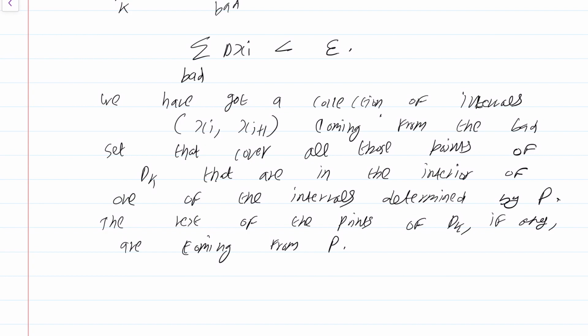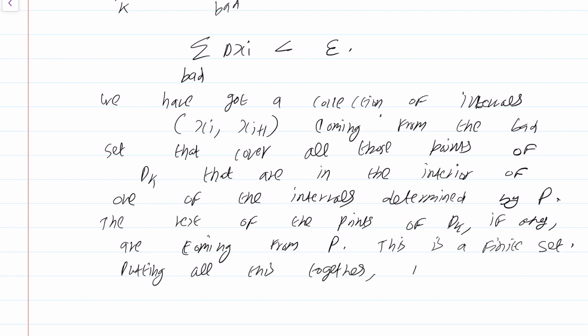The endpoints are precisely the elements of the partition P. This is a finite set. Okay, so putting all this together, D_k is a set of measure 0.